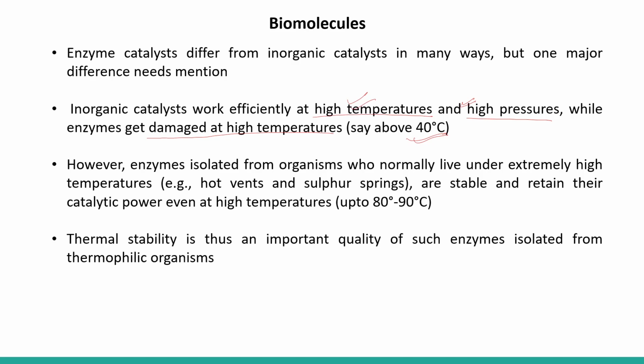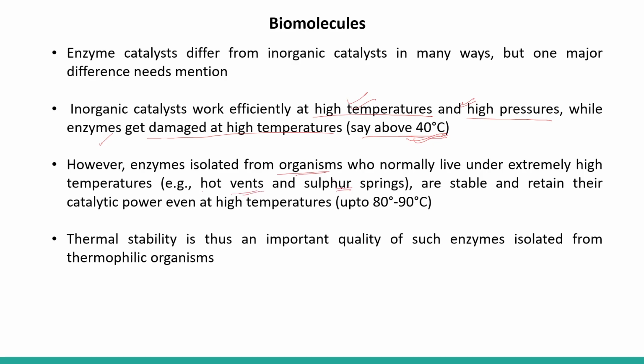But what about the enzymes? Enzymes are proteinaceous in nature, so proteins get damaged above 40 degrees centigrade. But there are some enzymes isolated from organisms that live in hot vents and sulfur springs.